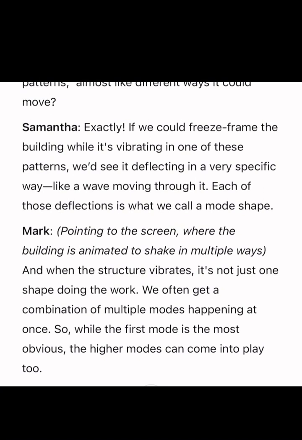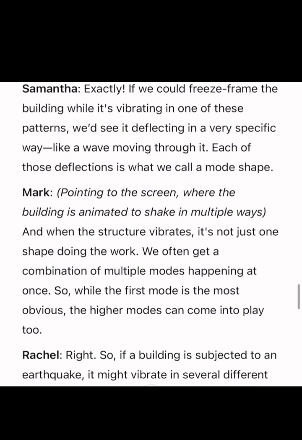Each of those deflections is what we call a mode shape.